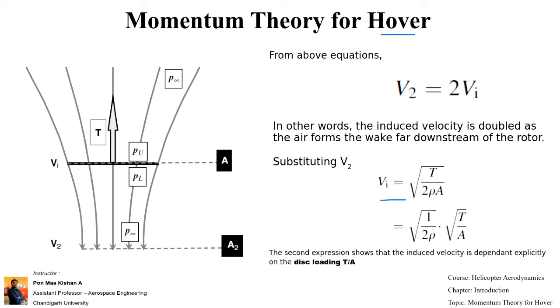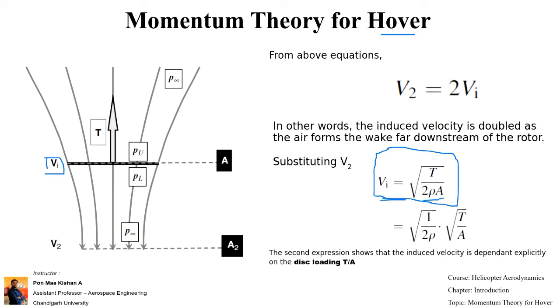This is for the hovering condition which we have solved. We calculated Vi is equal to the square root of thrust by 2 rho A. So in order to hover, the velocity at the rotor has to be the square root of thrust generated divided by 2 rho A. If the pilot knows the thrust value he wants to use during hovering, then he knows the induced velocity.